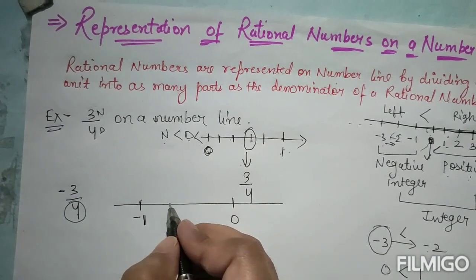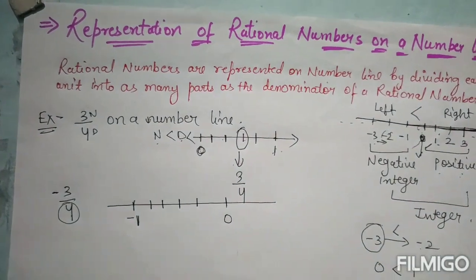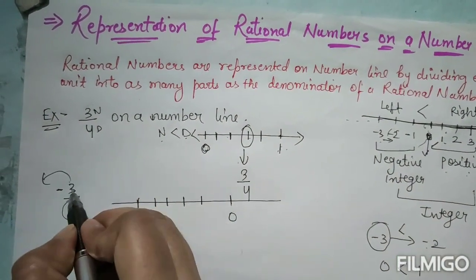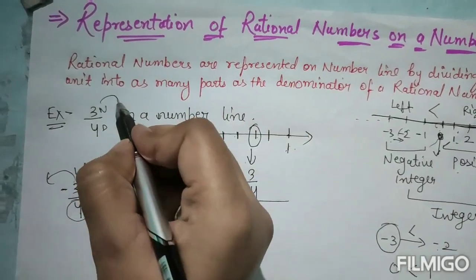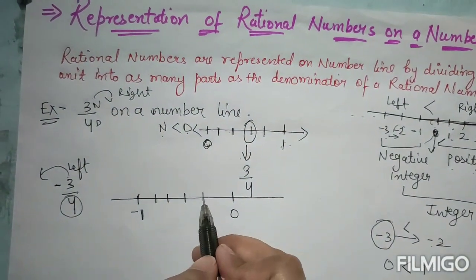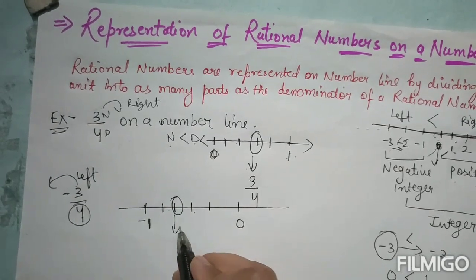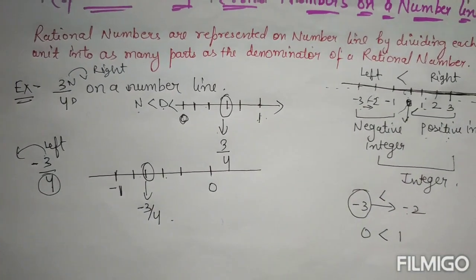So how many parts do we have to make? 4 parts. Clear? These are the 4 parts. And now we have to move 3 to the left. Here we moved to the right. Now -1, -2, -3. That means this is the number -3/4. Clear?